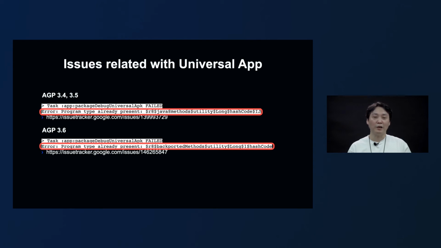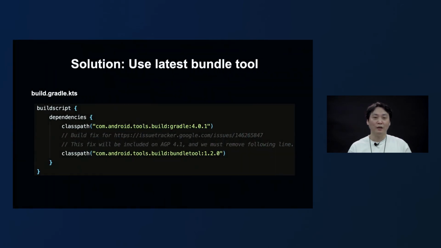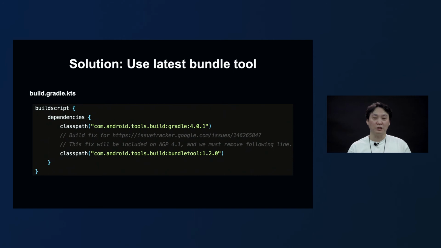The above error message occurred because there was a duplicate method name in each module among desugared code. And the symbol was not written by an app developer. It was randomly created in the R8 compiler, so the problem could not be fixed by revising the source code.